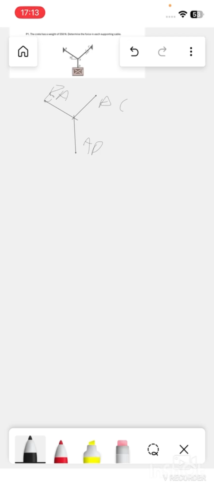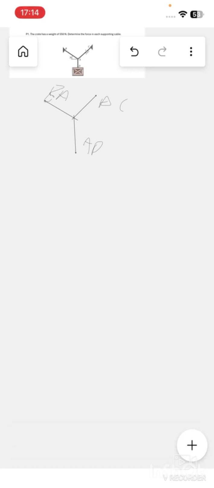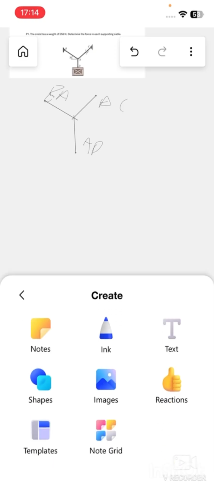We're going to have forces of components. We know here, we know below.